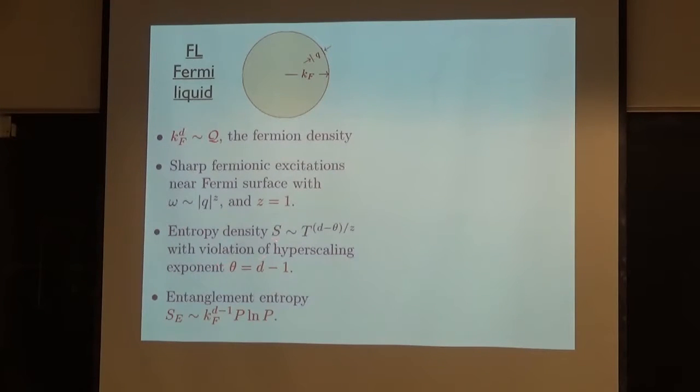The specific heat or the entropy density of a Fermi liquid is linear in temperature, and here I've written linear in temperature in the world's most complicated way, theta equals d minus 1. This is just for other purposes. I should have changed that for this slide. And the entanglement entropy of a Fermi liquid goes as area log area, with the volume of the Fermi surface up front.